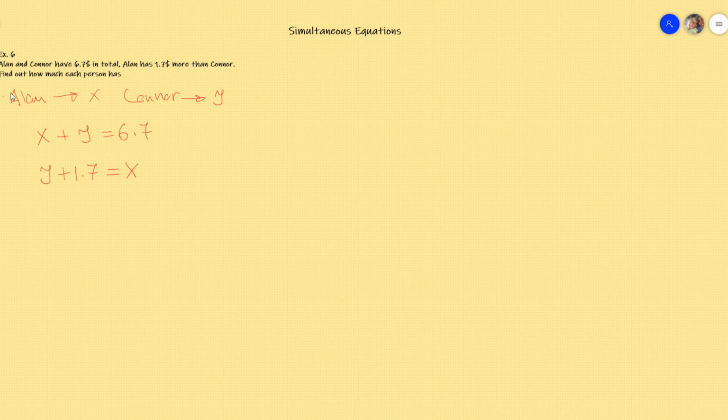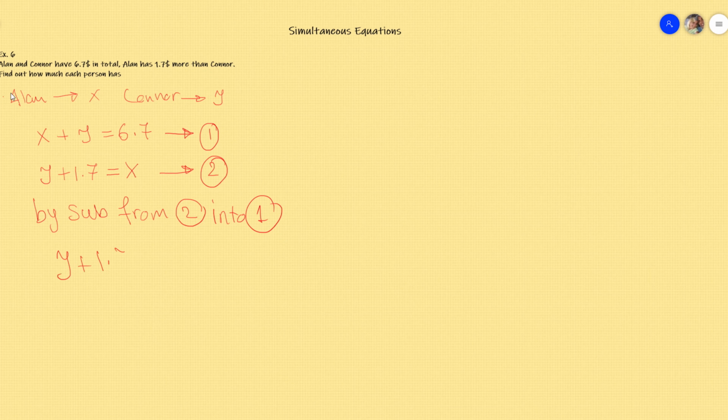As we used to say before, translating the English to mathematics correctly is half of the answer. So if we call this 1 and this 2, by substituting from 2, that means substituting x into 1, we will have y plus 1.7 plus y equal 6.7.